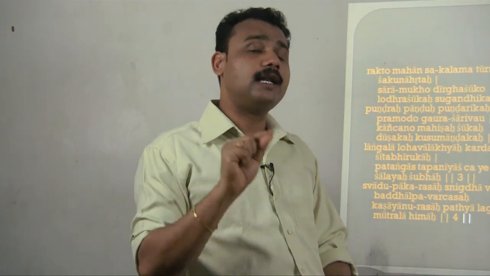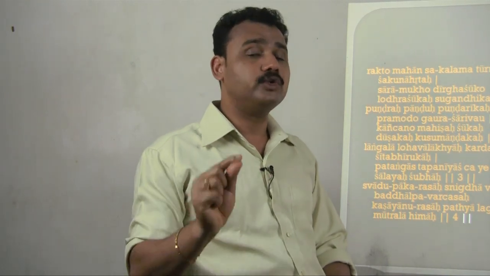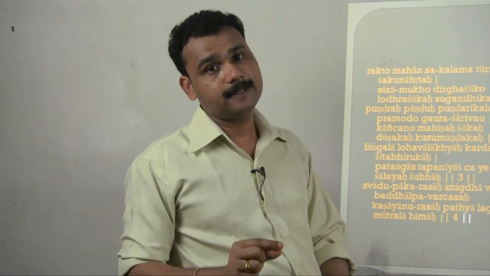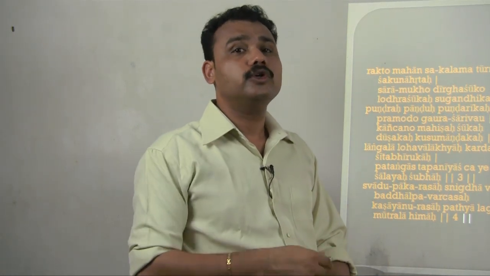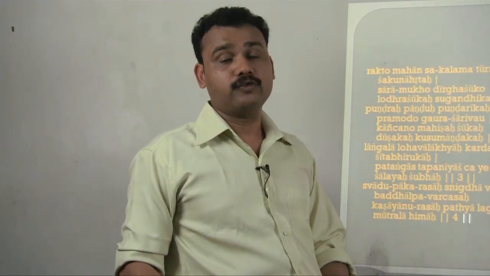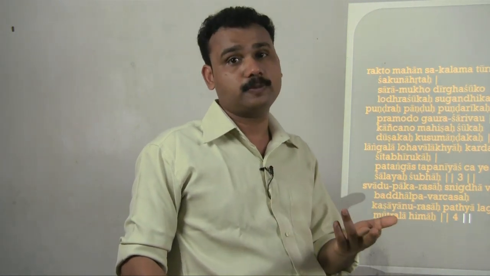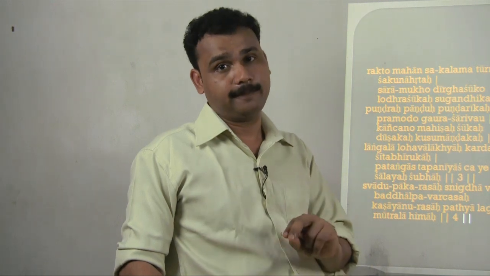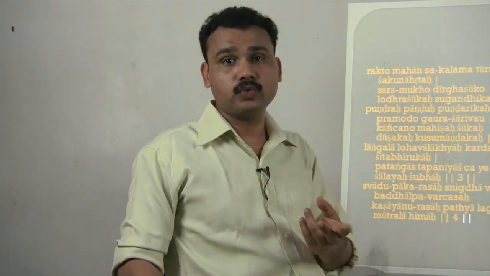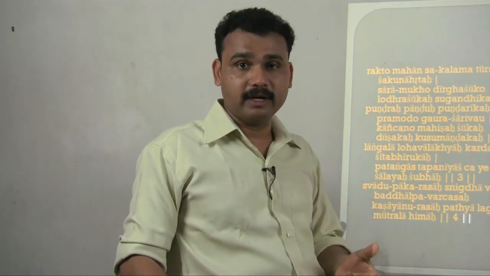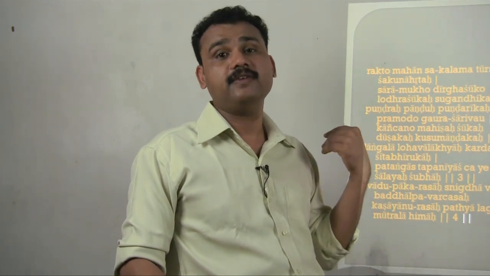So baddha alpa varchasa, constipating and reducing the quantity of feces, and also diuretic. Of course, diuretic you can make advantage of this. You can use this property if you use it properly. So when you have less urine or when you have burning micturition, etc., shali will help you.